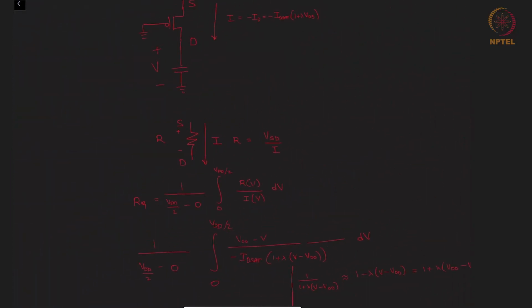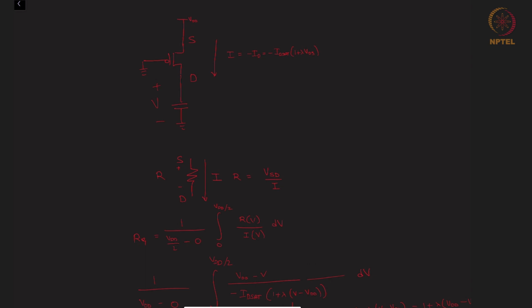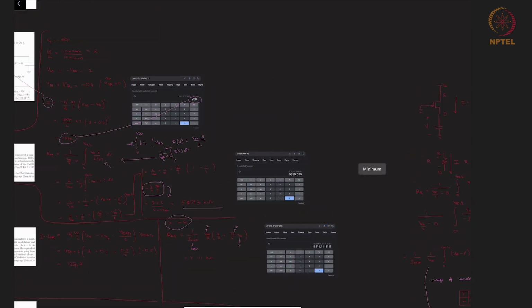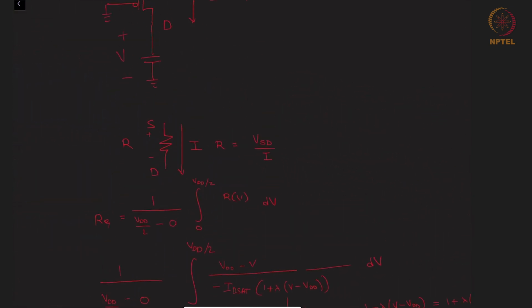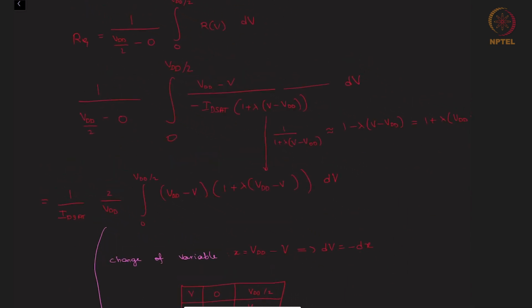Next, doing the same derivation for velocity saturated for question number 8, and also with channel length modulation for question number 9. This is just the following derivation: R of V is VDD minus V divided by minus ID sat on the denominator.